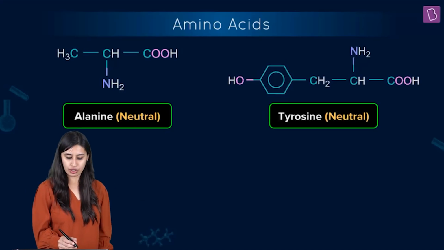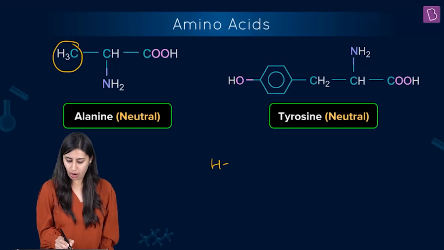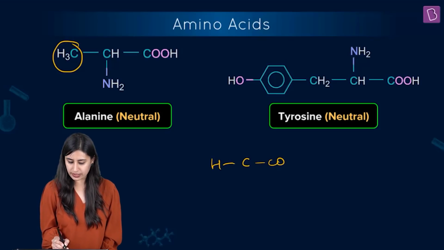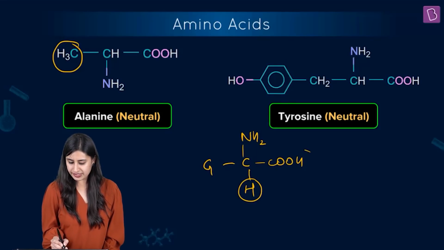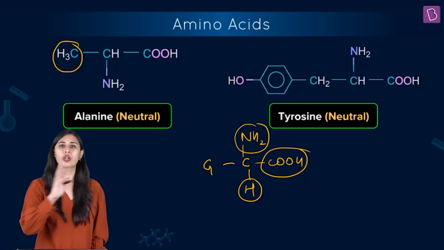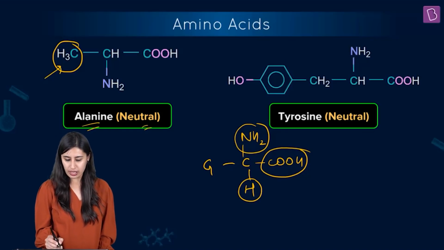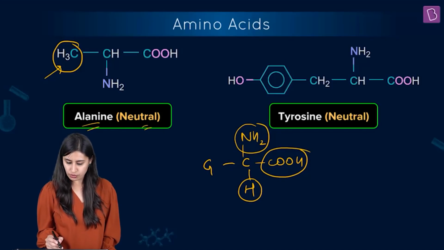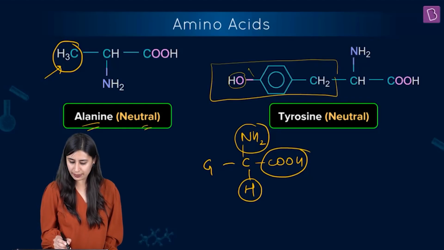So let's check alanine. If you know the structure, you know that we have a methyl here. The common structure is this. Everybody should know it. The only thing that is changing is the R group out here, right? H, COOH and NH2 are common to all amino acids. So out here we have alanine, which is neutral. Okay, we have here CH2, this benzene ring, and this OH at the para position here.